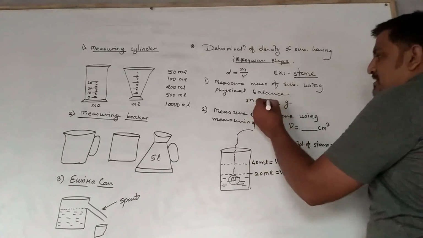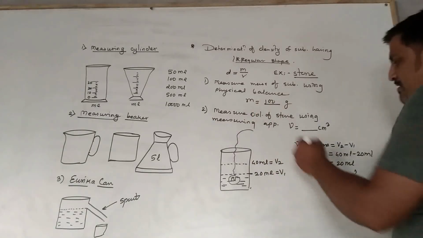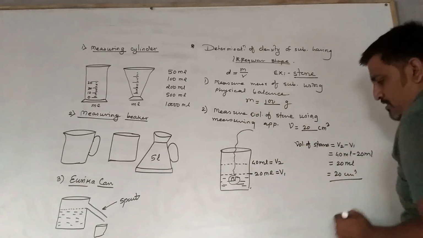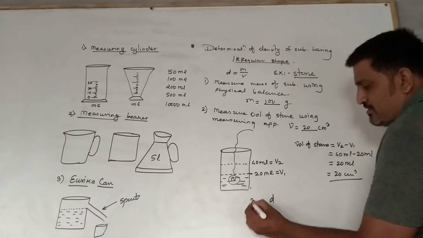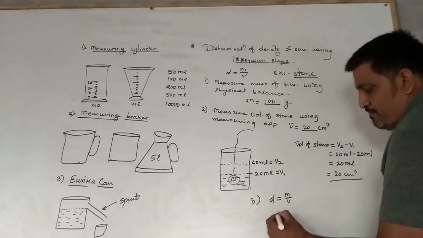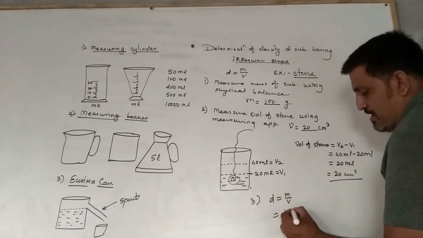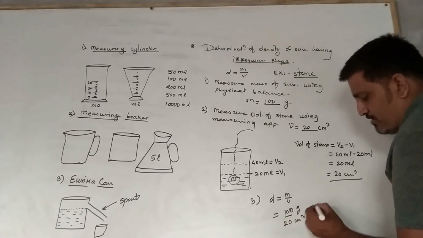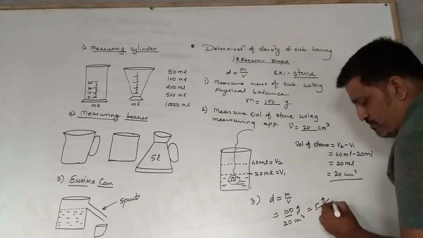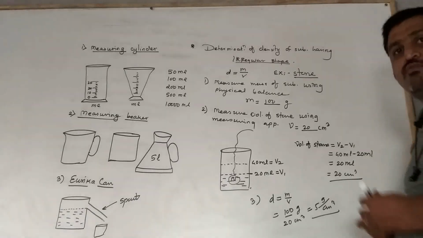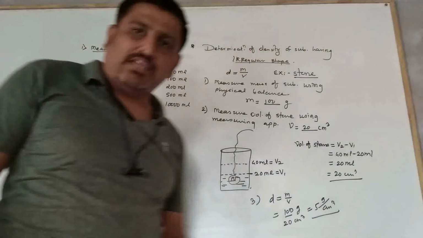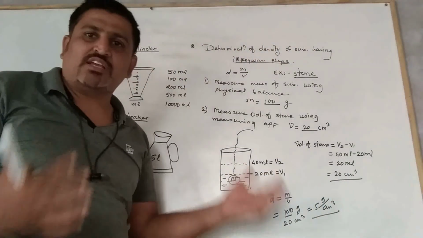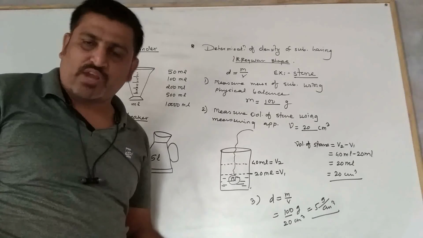So if I say here the mass is 100 gram, the volume is 20 centimeter cube, then in the third step I can calculate density as mass upon volume. That is, mass 100 gram upon volume 20 centimeter cube, and I got 5 gram per centimeter cube. So this is how we can find out the density of a body which is irregular in shape, right?